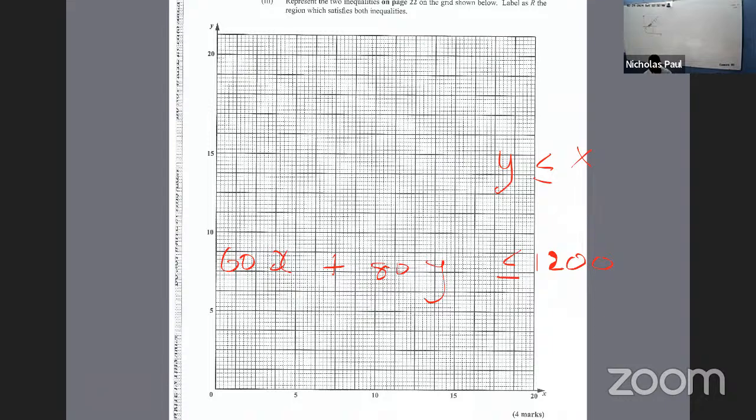Right, but the arrows. Right? Get your 2 points, draw your line.